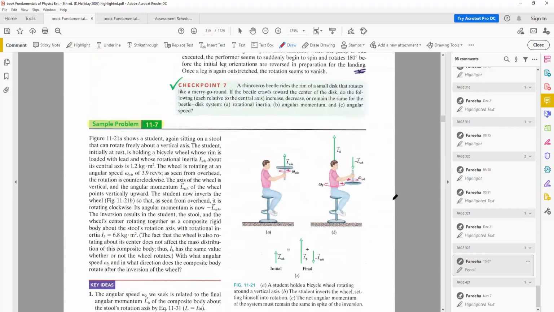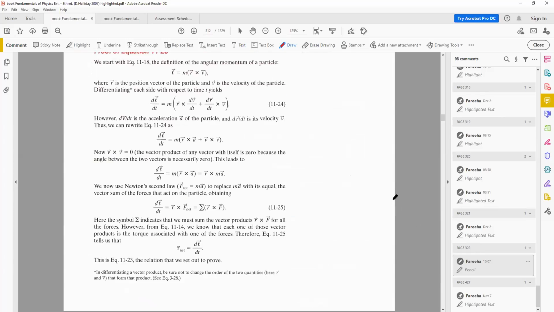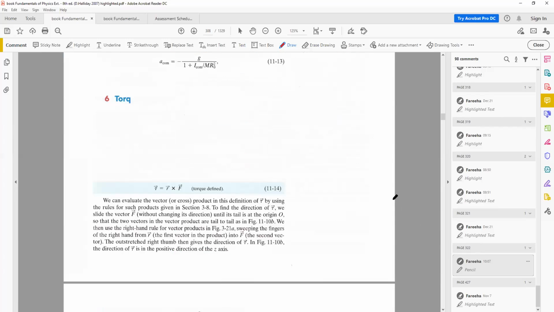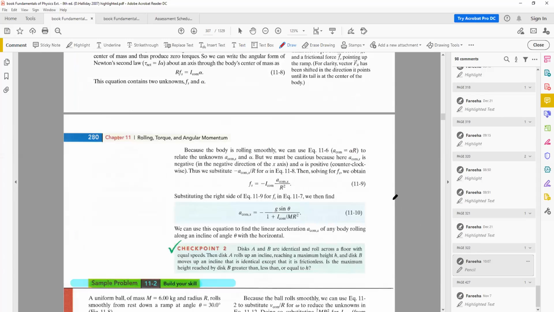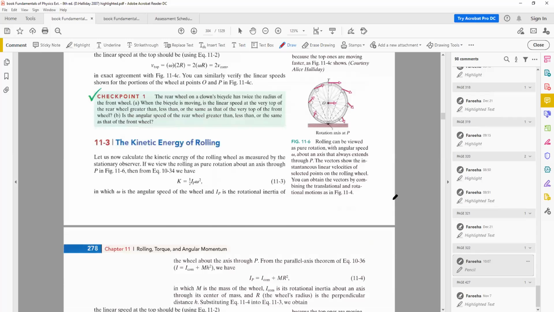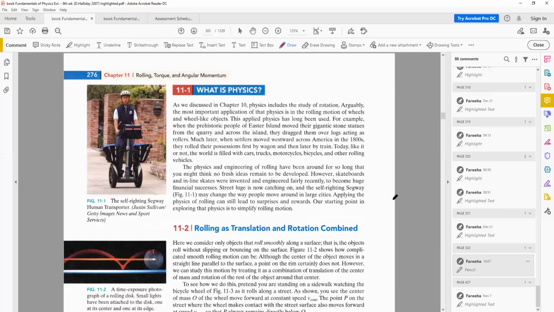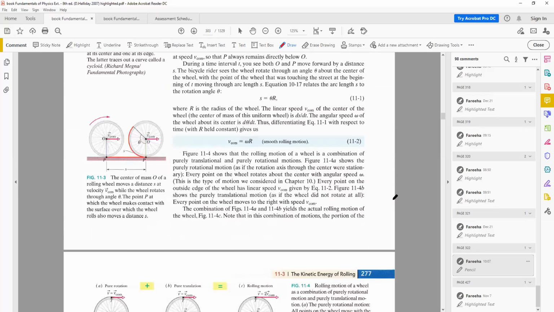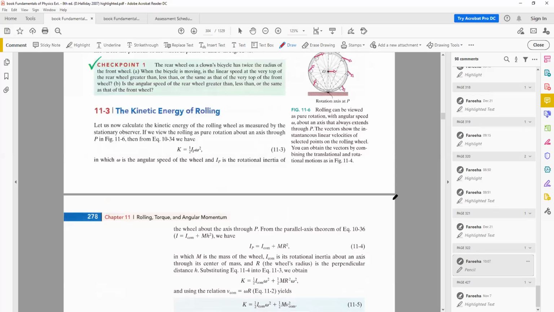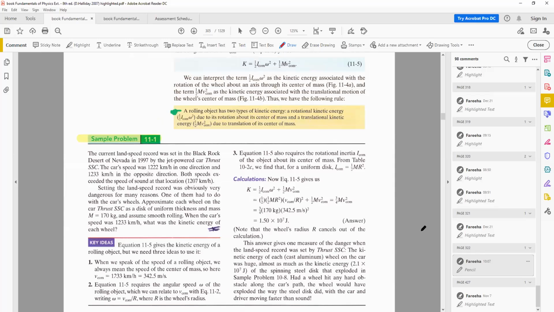Okay, so for this purpose, let's go to a problem. Let's start with this one.